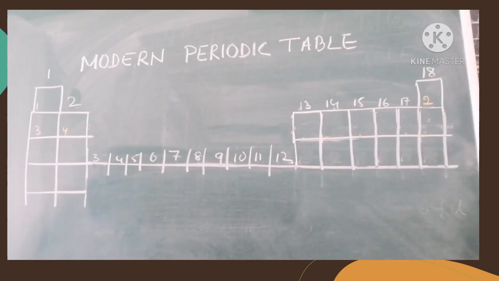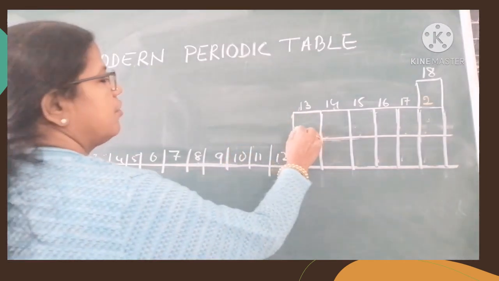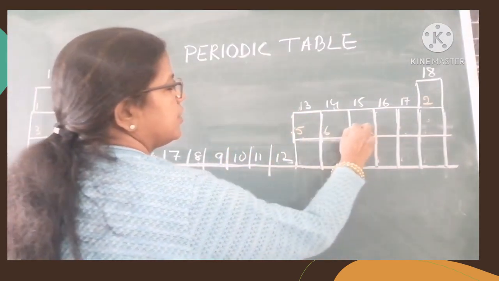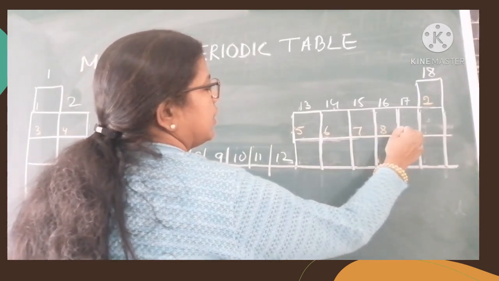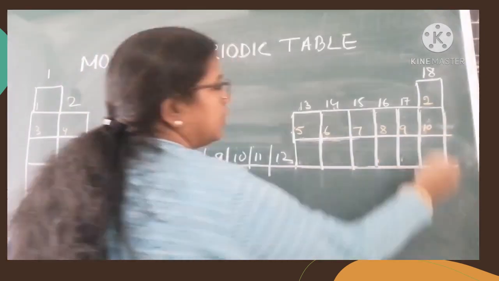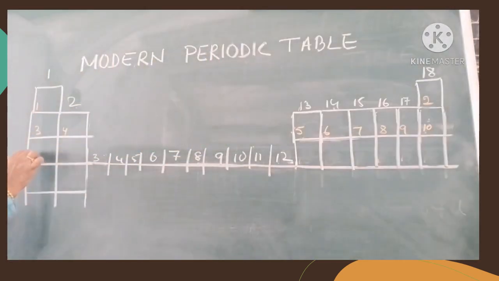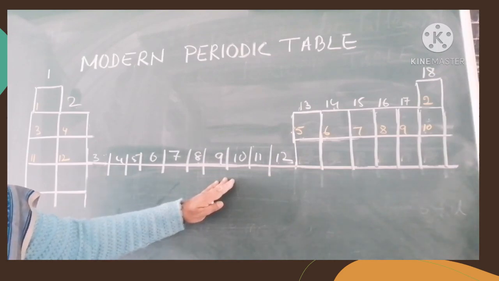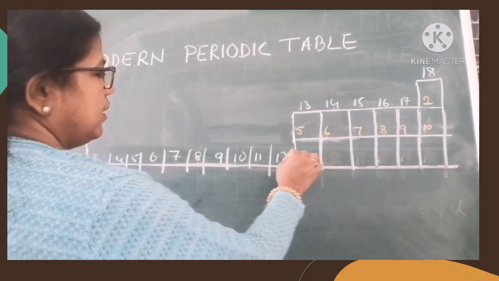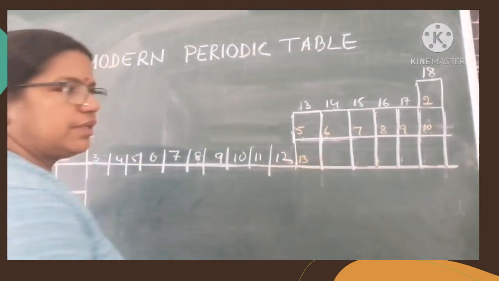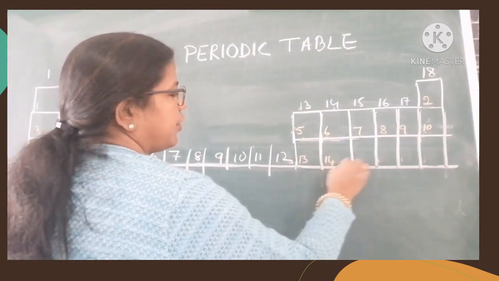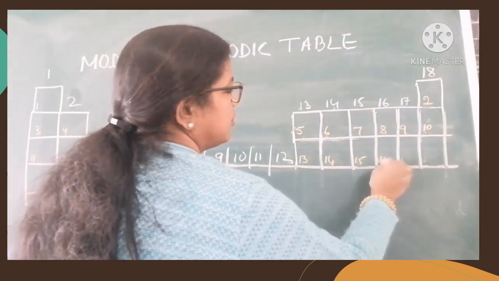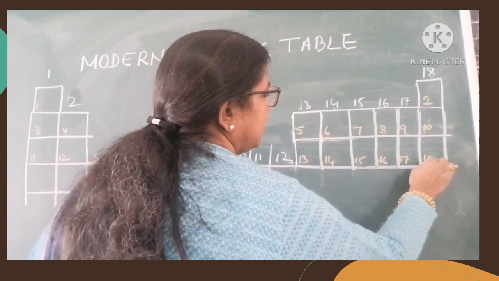Fill the boxes in increasing order of atomic number. 5, 6, 7, 8, 9, 10, then 11, 12. Leave these boxes, which you will learn later in higher classes. Then this box you fill with 13, 14, 15, 16, 17 and 18.